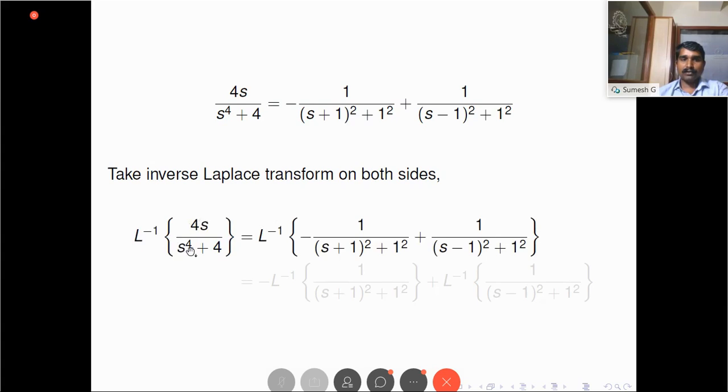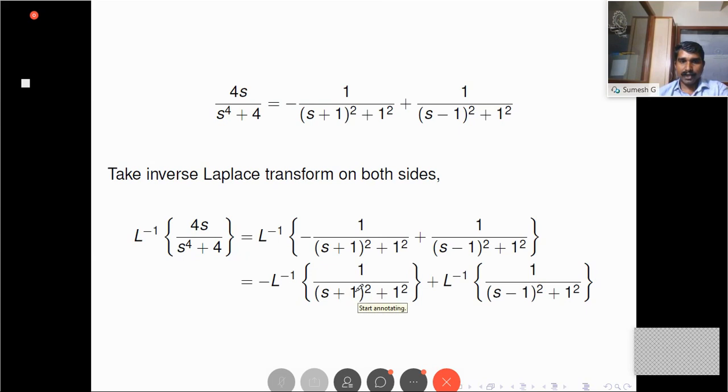So the inverse of the given quotient equals the inverse of the expression. Here we apply the linearity property. Here, to find the inverse, we can apply the inverse shifting property. To eliminate the effect of plus 1, we have to multiply the first term by e raised to t.